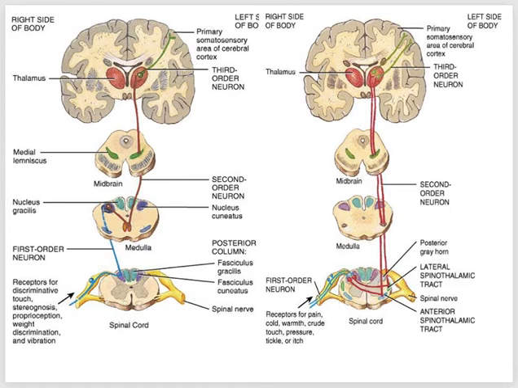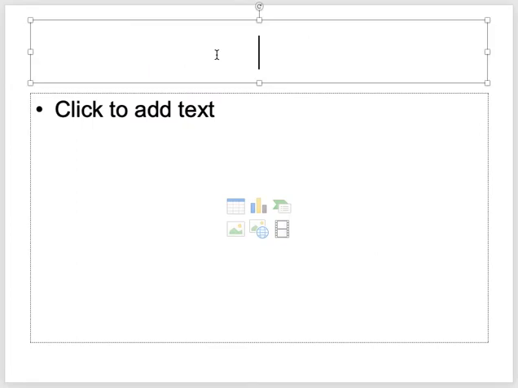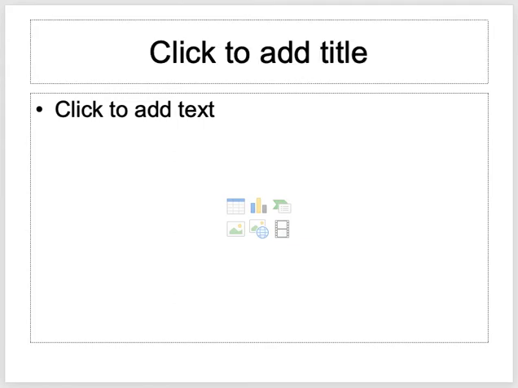Now, why is this important in neurology? Why am I talking a lot about this? Because any patient who is presenting with some neurological features, we divide them into two main categories. Which one?